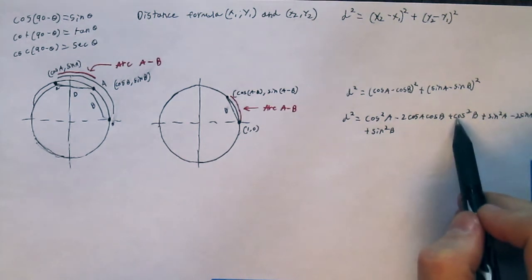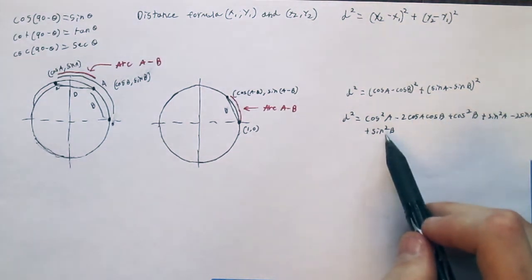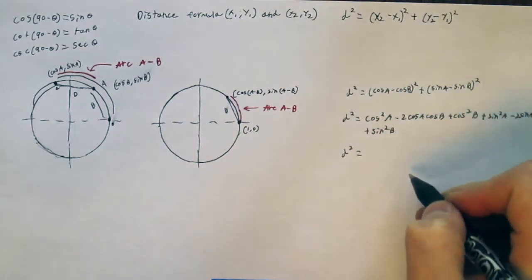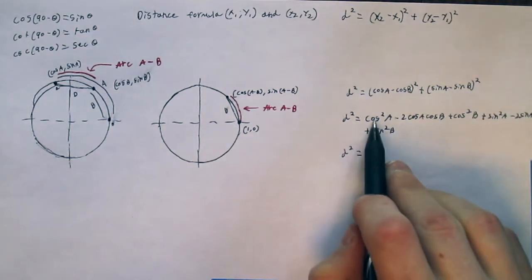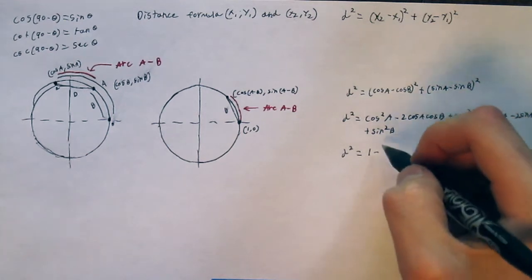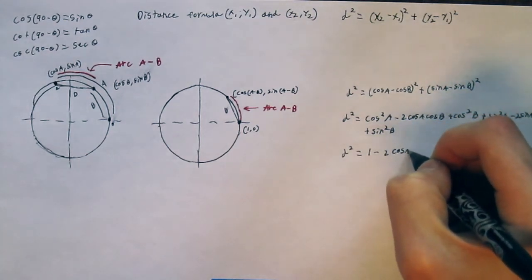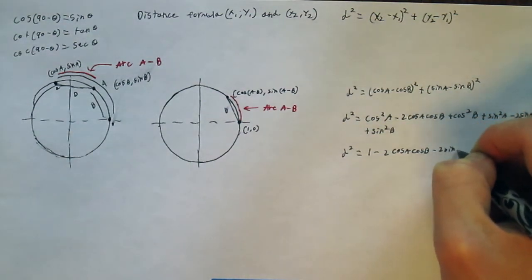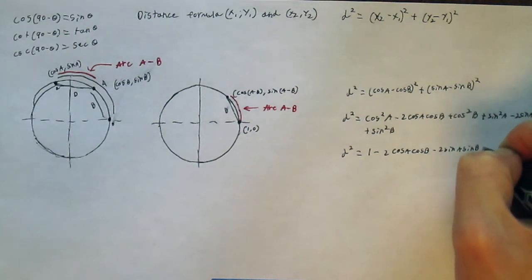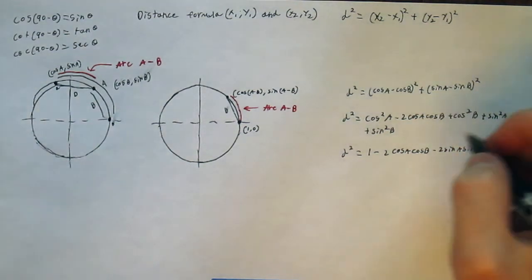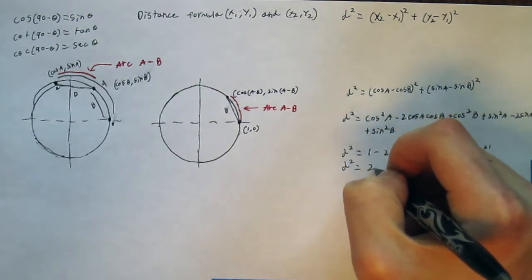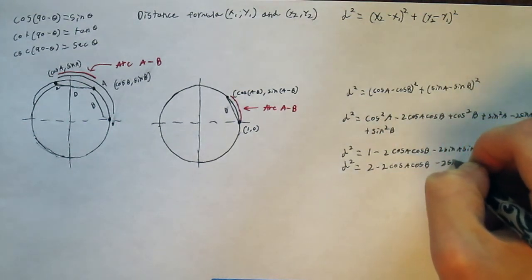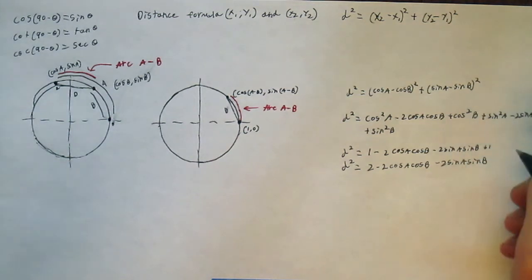And we have cosine squared B plus sine squared B, so that's also 1. So we're left with d squared equals 1 minus 2 cosine A cosine B minus 2 sine A sine B plus 1. So that's d squared equals 2 minus 2 cos A cos B minus 2 sine A sine B.